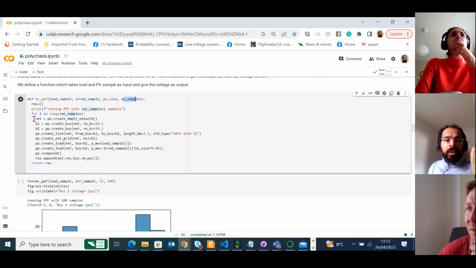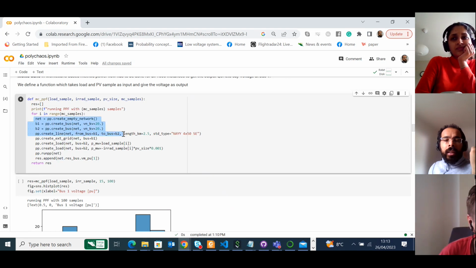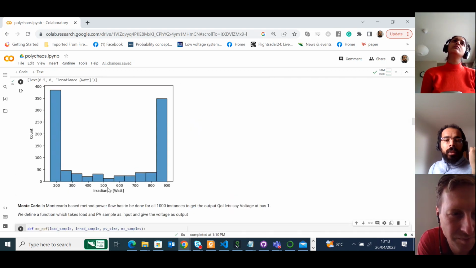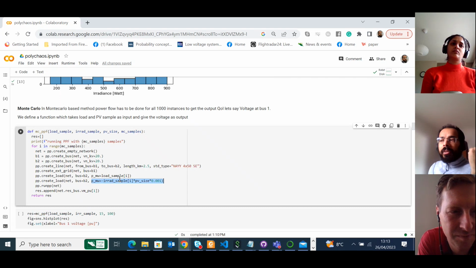And then for each sample, we create the networks and add the load here. So basically, this is load sample and this is irradiance sample here. And we multiply by 0.001, because irradiance was in watts and we want everything in kilowatts.